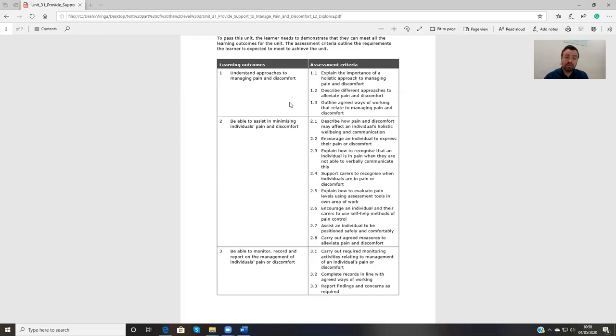Number two wants us to be able to assist in minimising pain and discomfort. So describe how pain and discomfort may affect the individual's holistic well-being and communication. We know that if we're in pain, it makes us fatigued, it tires us out, it can change our mood and mental state.